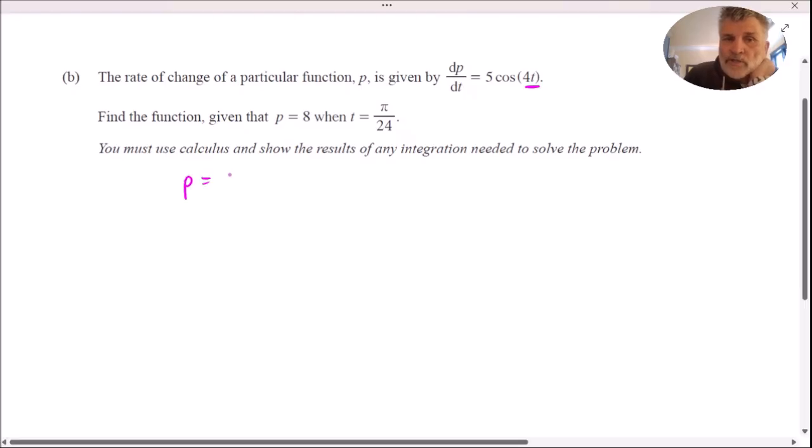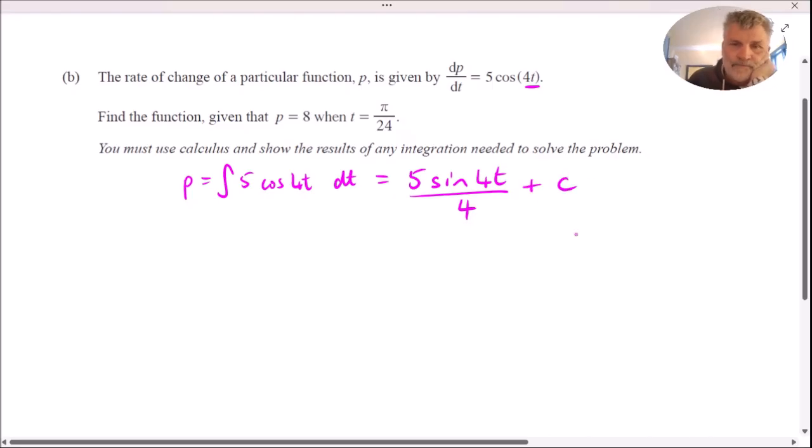So p is equal to the integral of 5 cosine 4t dt, and the integral of cosine is sine, so this is 5 sine 4t, linear function, so we have to divide by the 4 and add a constant.